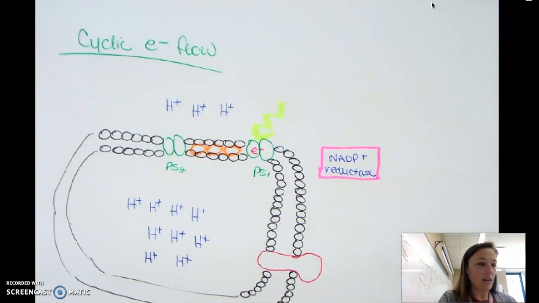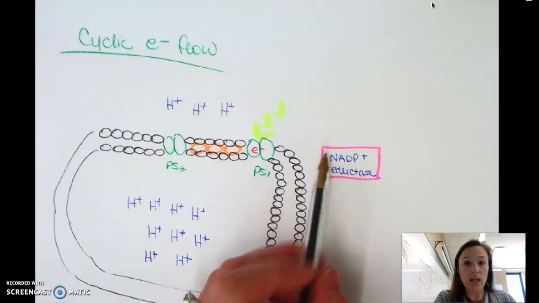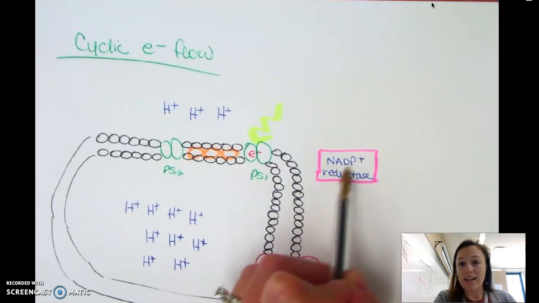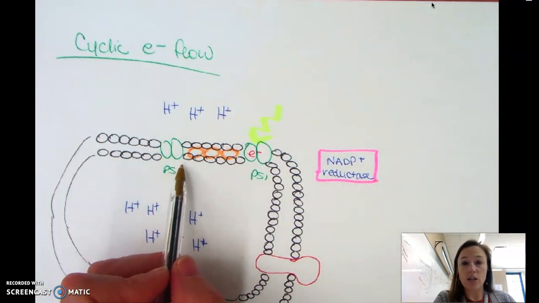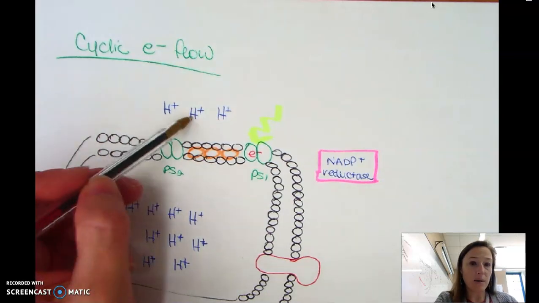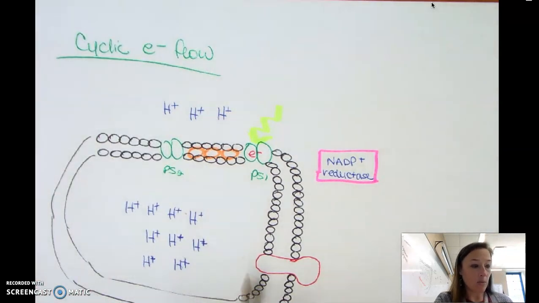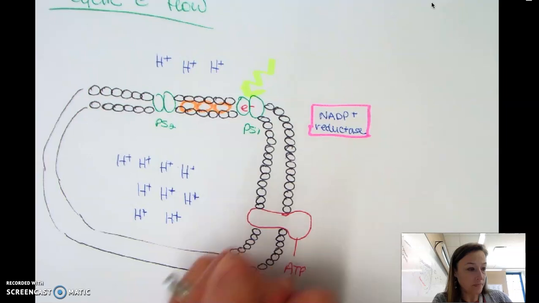And they would then take that energy they have and they would go over here. However, we don't want to send our electrons here because then they're all going to get tied up in NADPH. And if they all get tied up in NADPH, then we're just stuck with a bunch of NADPH and we can't do anything. We've got to be able to keep creating this concentration gradient so that we can keep creating ATP. This is ATP synthase down here.